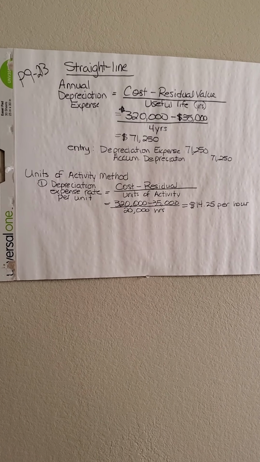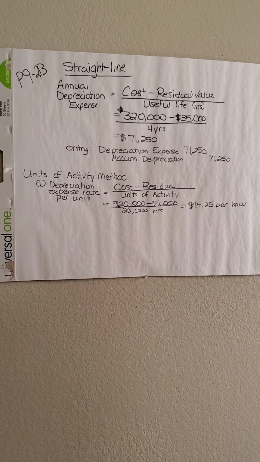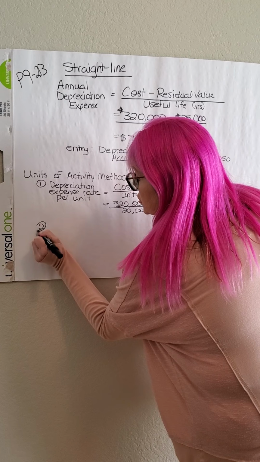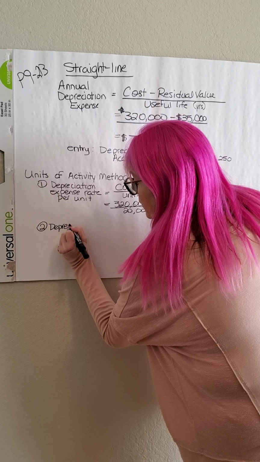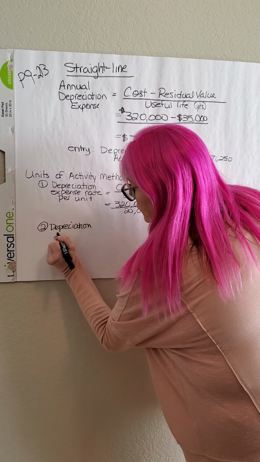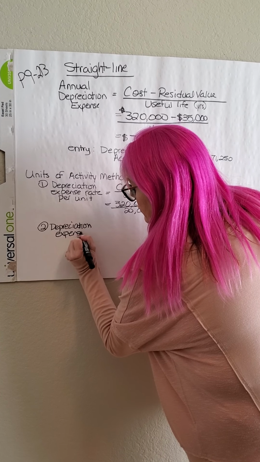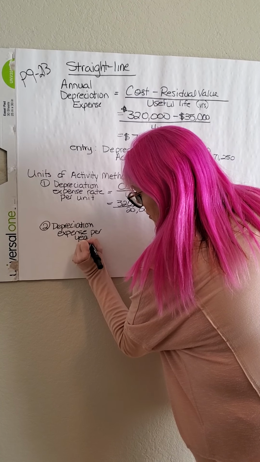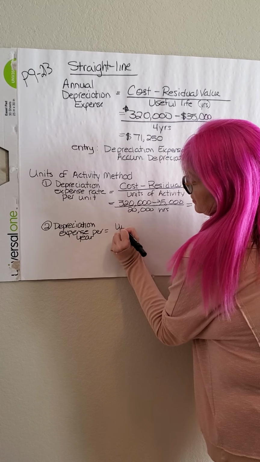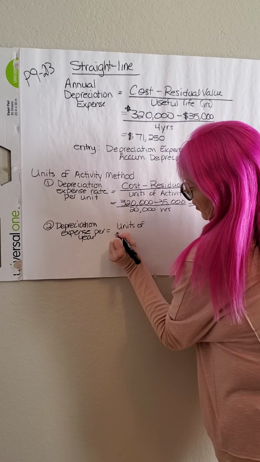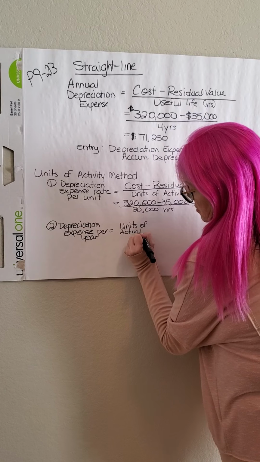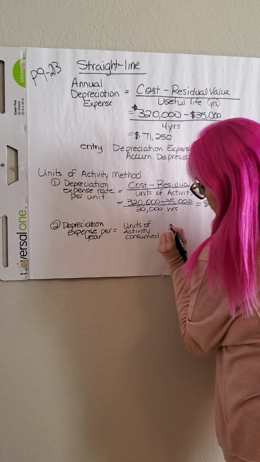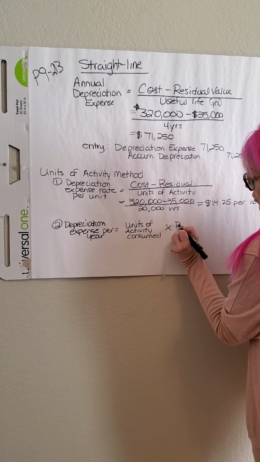So we do have to recalculate every year. So to calculate out depreciation expense per year is going to equal units of activity consumed times depreciation rate.